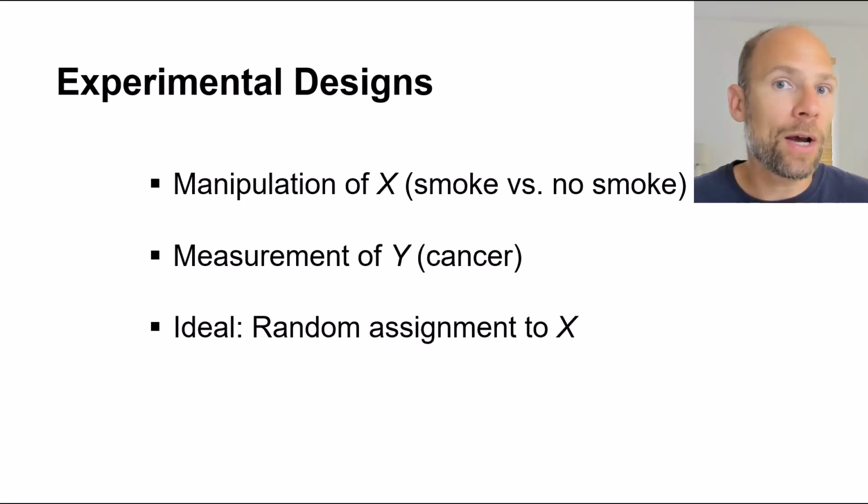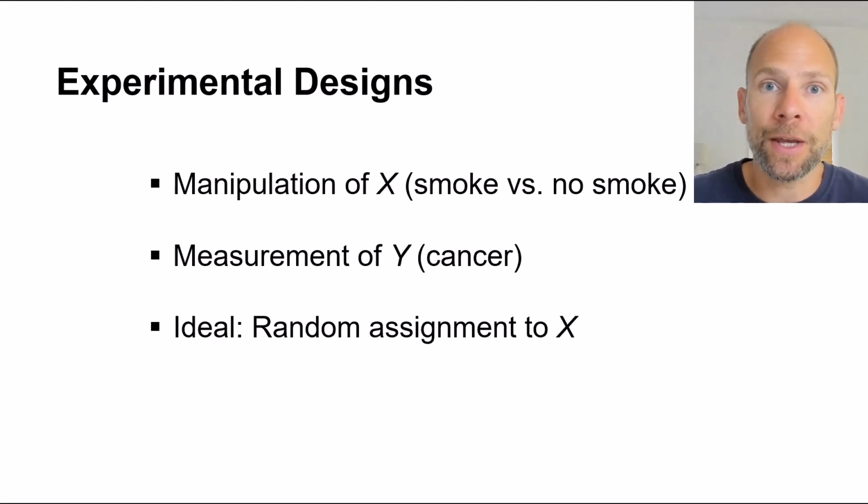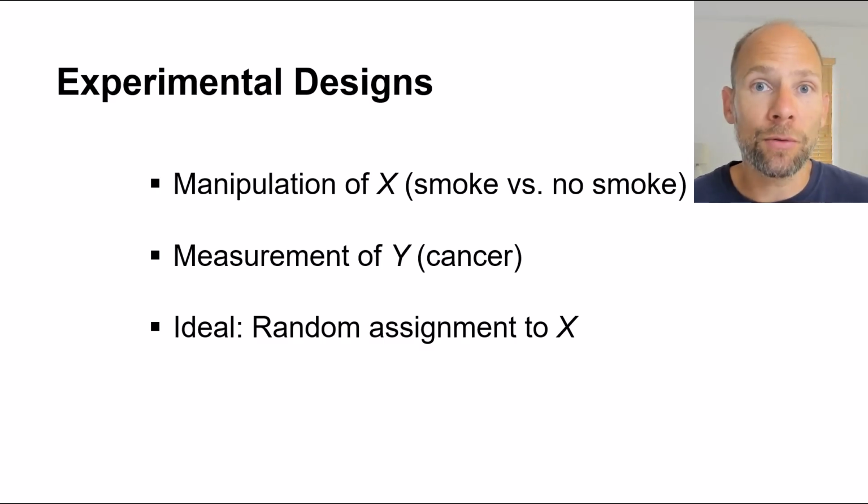So if we have a smoker and a non-smoker group, and we randomly assign people to those groups, then we could reasonably assume that those confounding variables would be the same, so to say, in the smoker and non-smoker group. So they couldn't have a correlation with the outcome variable at the end, because they're equally distributed across those different conditions. For example, people who are already more unhealthy at the beginning of the study would be equally likely to end up in the smoker group as in the non-smoker group due to randomization.